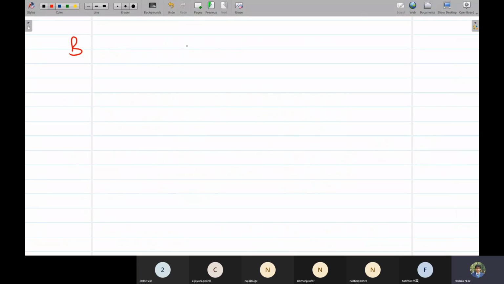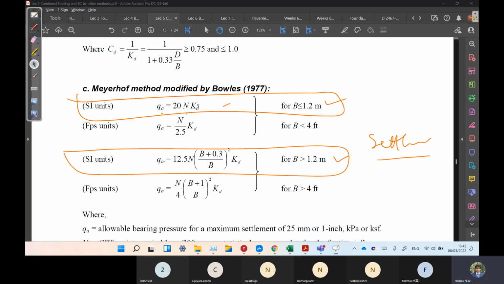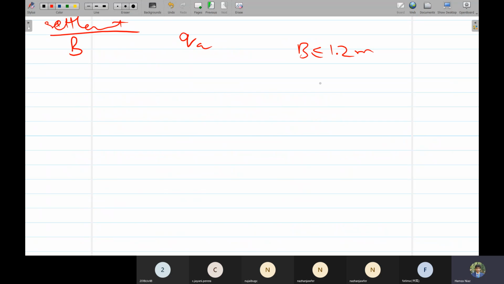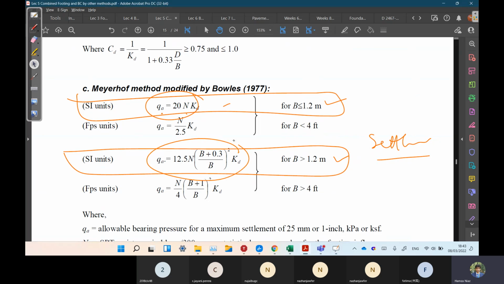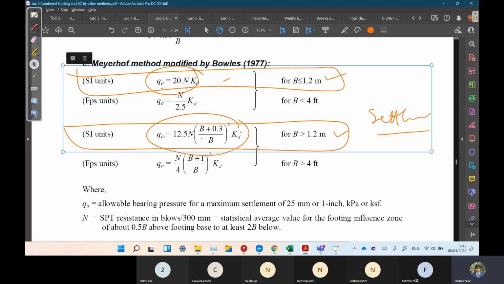This is Q allowable for settlement. If B is less than or equal to 1.2 meters, we have to use this equation, Qa is equal to 20 N Kd. And if B is greater than 1.2 meters, we have to use this equation, so this factor is different. And Kd value is simply this.